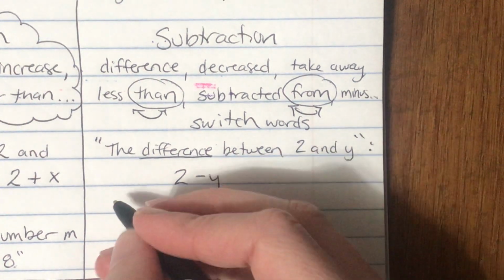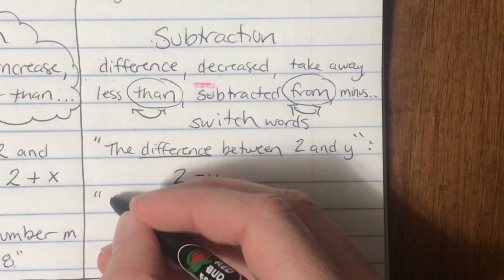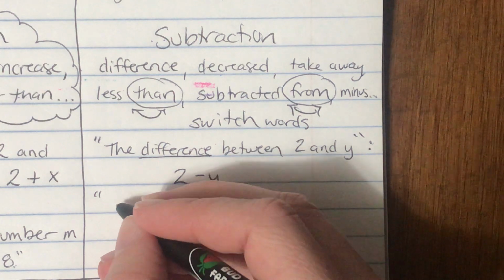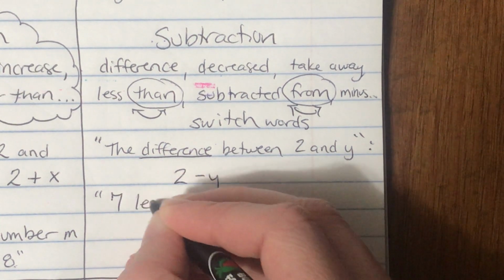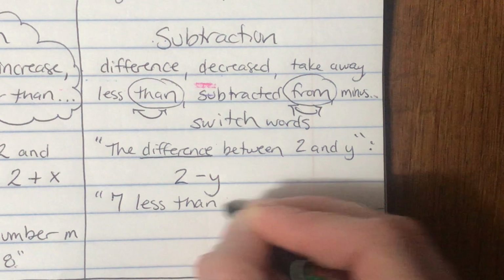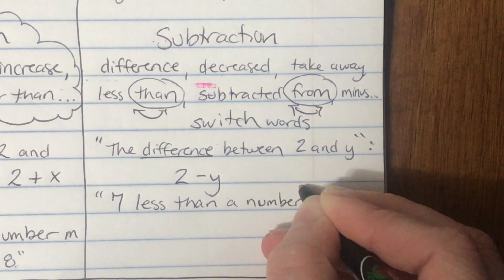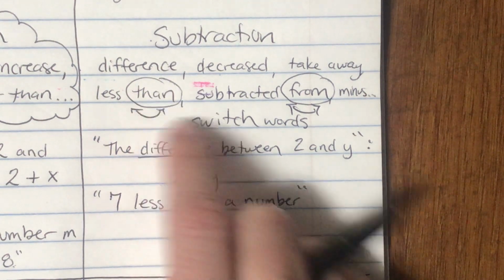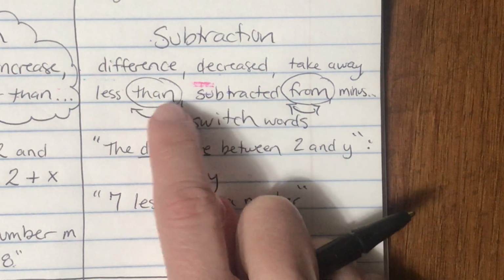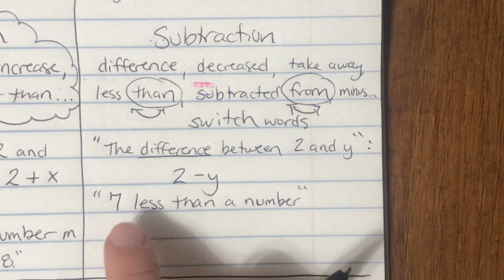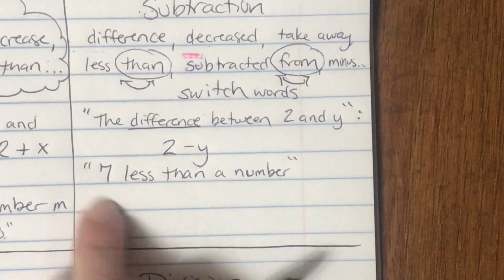Now, you might see, and I'm going to write another sentence, you might see 7 less than a number. All right, and so let's talk about this a second. So I told you a second ago to make sure that you circle the word than and from. Those are what we call switch words. Because think about what this means.